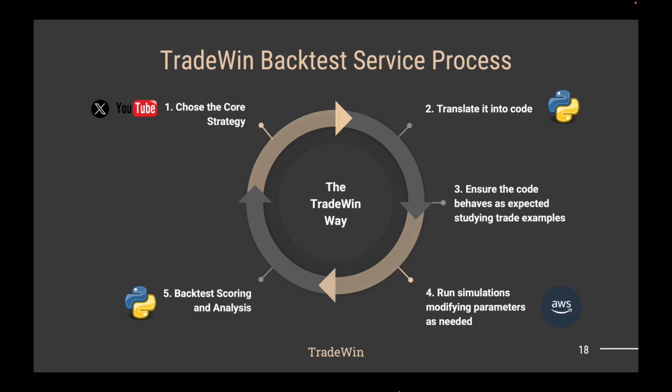So again, I use Python to do that. And once all of this is compiled, I can deliver results with some graphs, some explanations, and of course, all the details about the trades that TradeWin performed. Here are the 6 steps that make the TradeWin way.